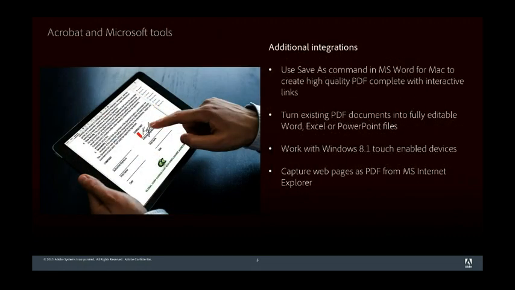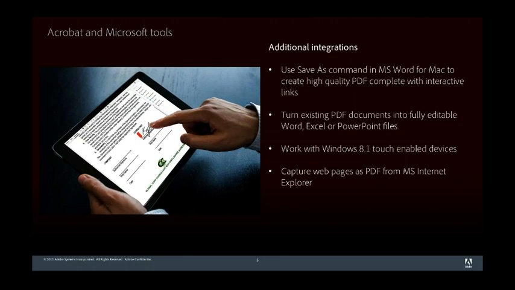Additional integrations: we've improved the Save As command in Microsoft Word for the Mac, which now allows you to create not just high-quality PDFs, but also PDFs with interactive links, which is really nice and has been asked for a while. We also give you the ability to turn existing PDF documents into fully editable Word, Excel or PowerPoint files, and we offer that as a service as well, so you can do that from your mobile device or from the web browser, as well as the desktop application.